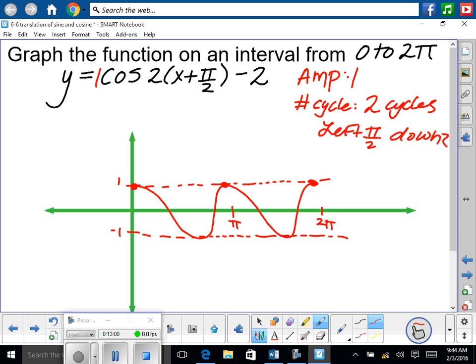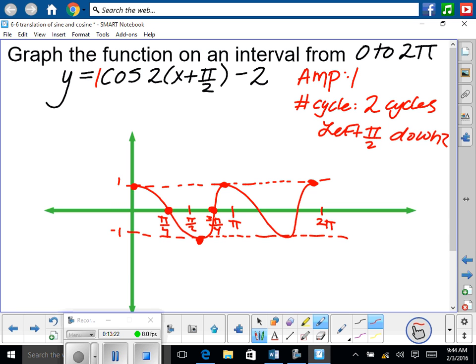Okay, now remember, we have a couple of stopping points. We have this one and this one in one cycle. We have this stopping point, right? This stopping point and this stopping point. So halfway would have been pi halves, right? And then this would be pi fourths, right? So this is 1 pi fourths, 2 pi fourths, isn't this 3 pi fourths?